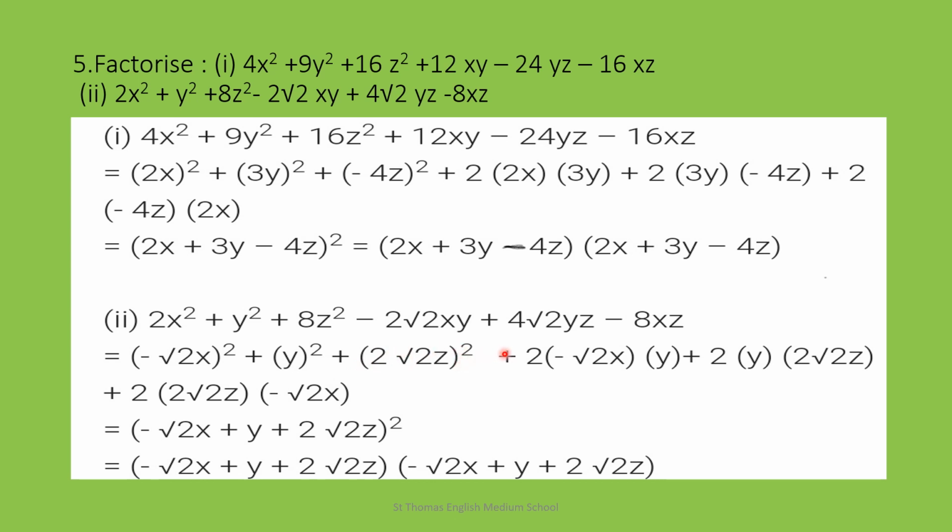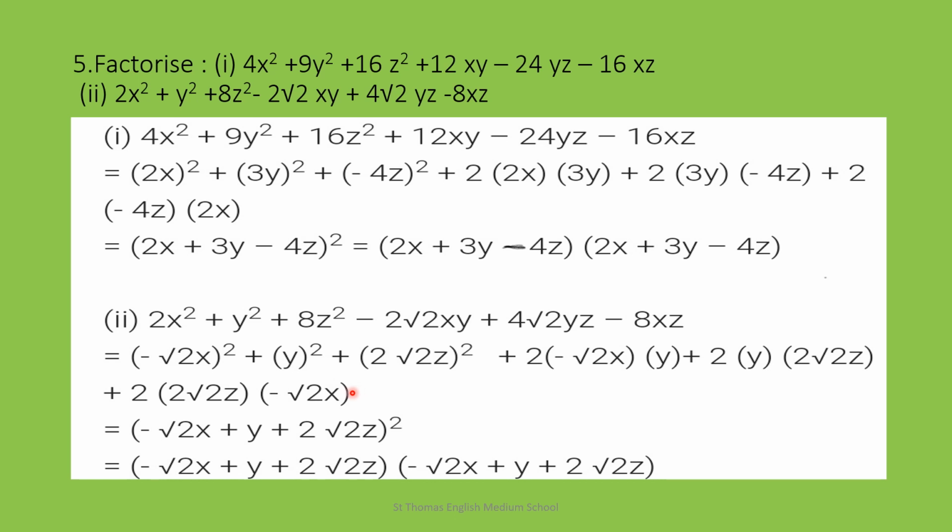(2 root 2 z) square + 2ab, that is 2 multiplied by (-root 2 x) multiplied by y + 2bc, that is 2 multiplied by y multiplied by 2 root 2 z + 2ac, that is 2 multiplied by 2 root 2 z multiplied by (-root 2 x).